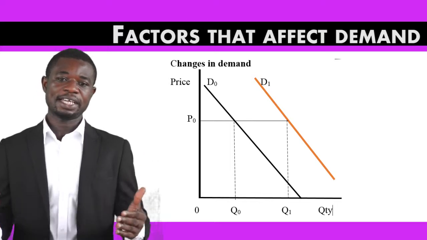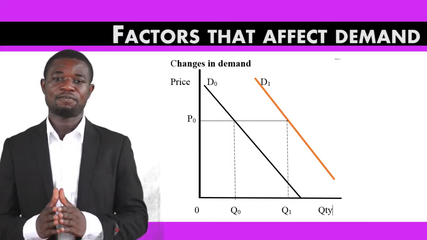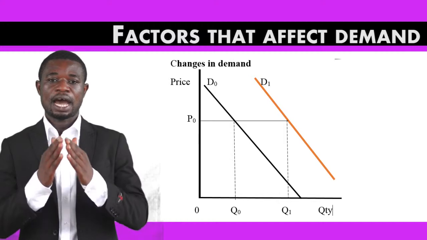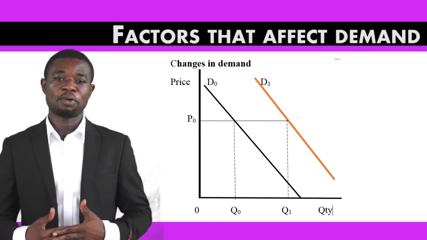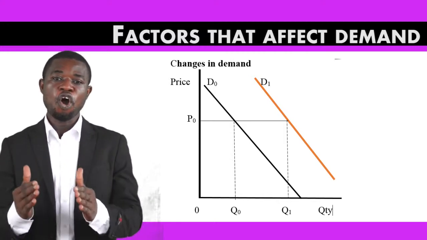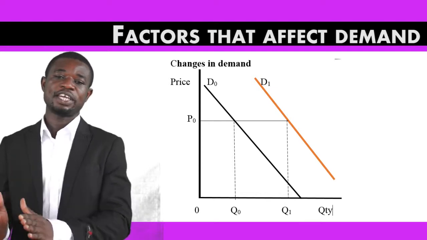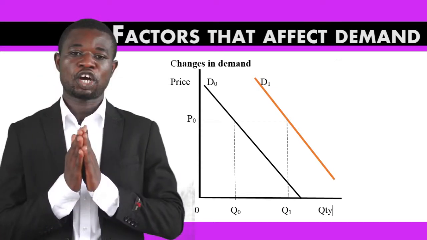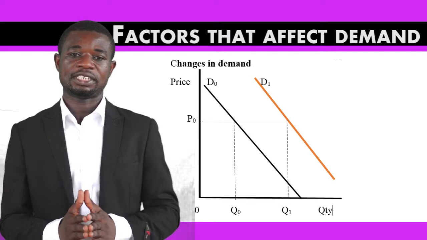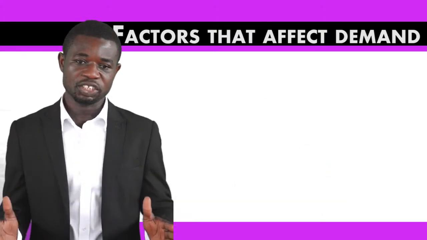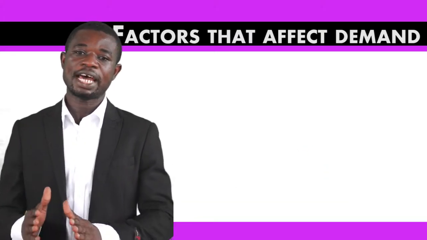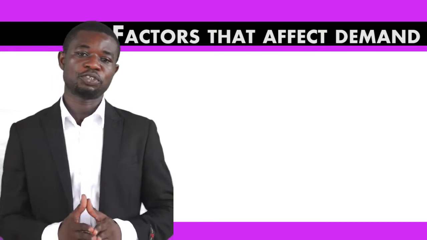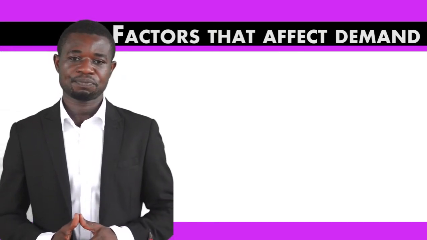So, to summarize everything, we have said that apart from the price of the commodity itself, all other factors that may affect demand are altogether called demand shifters. When they change, the demand curve will either shift to the left or to the right.